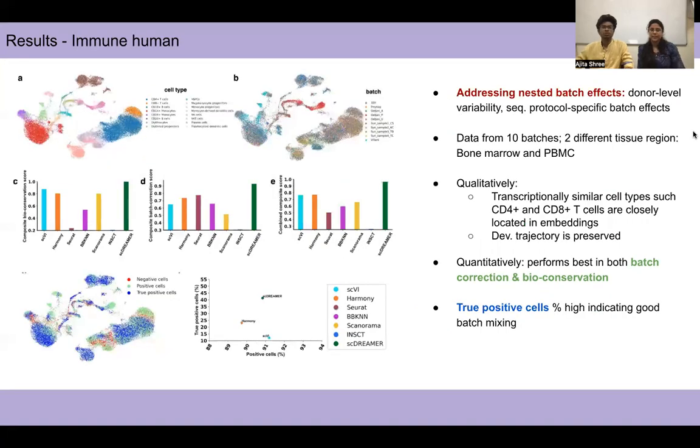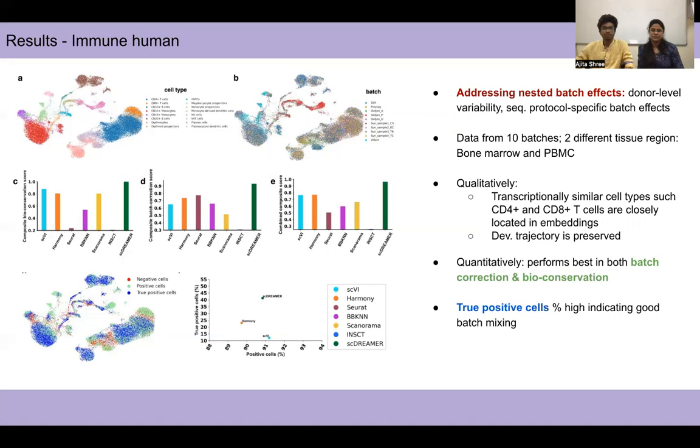Here we look into the immune human dataset, which addresses nested batch effects. It consists of donor level variability and sequencing protocol specific batch effects. The dataset consists of 10 batches, which are taken from 2 different tissue regions, namely bone marrow and PBMCs. If you look at similar cell types like CD4 plus and CD8 plus, they are also closely present in the embedding space.